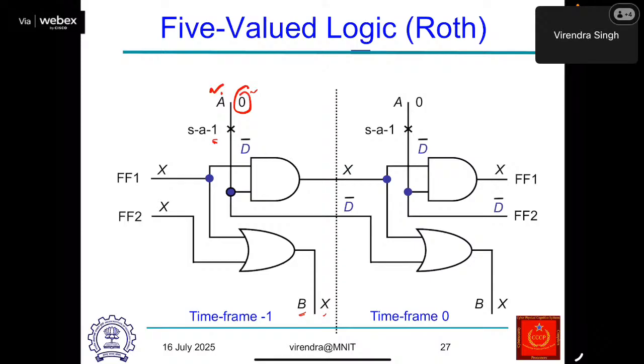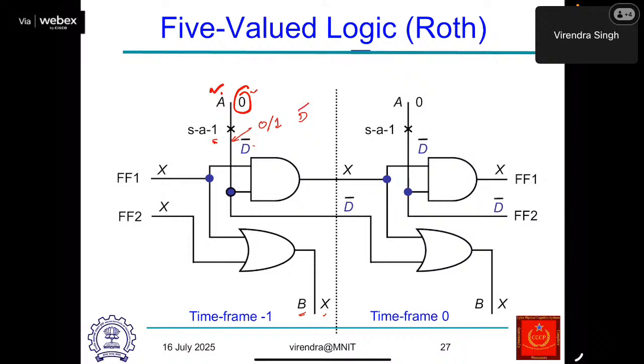There is no problem, I can apply value 0 from this one. And when I apply 0 here, the value that I'm getting after this faulty site would be 0 if it is fault free, and 1 if it is faulty. That is the same as D bar.